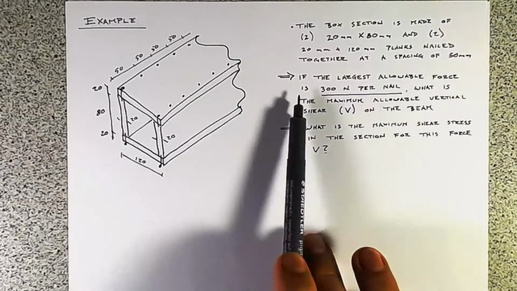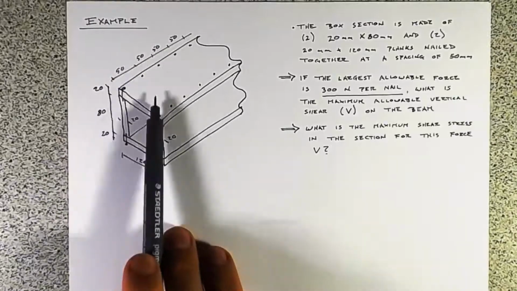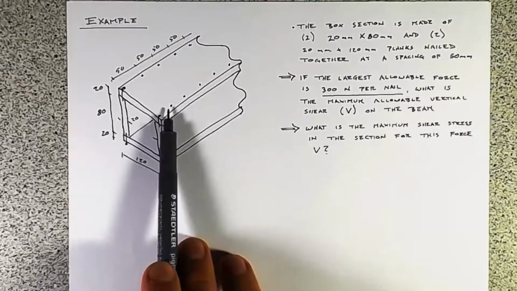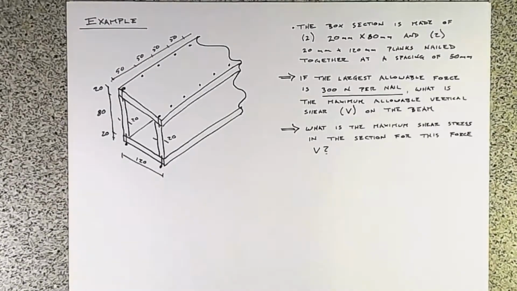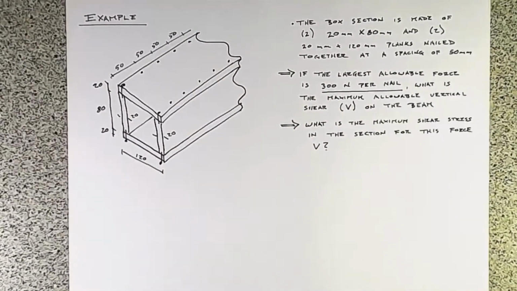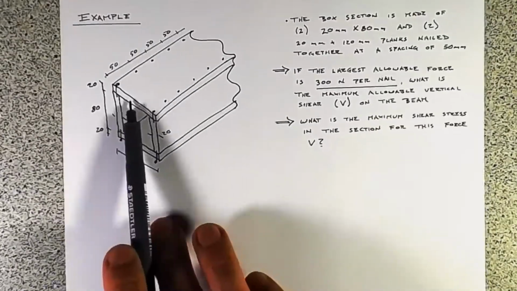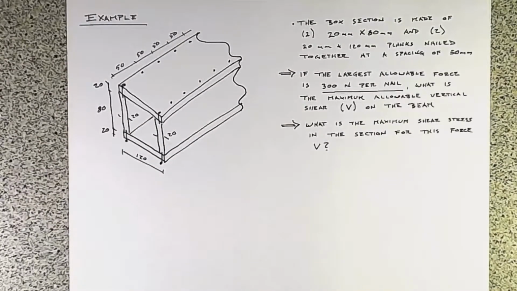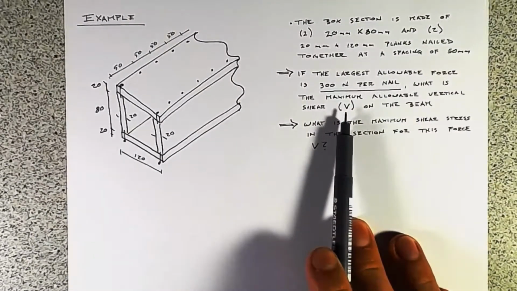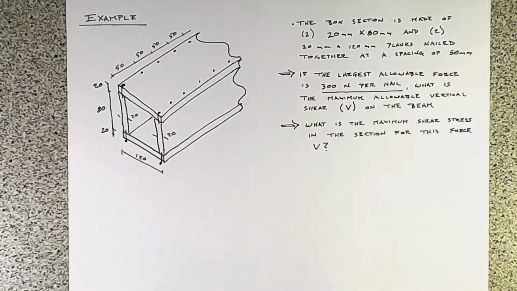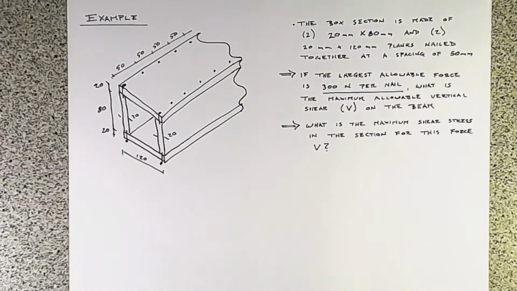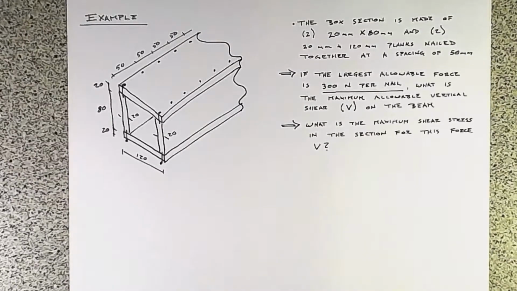The first thing we need to find is, if each of these individual nails can take 300 newtons, what can this whole beam take based upon that, assuming that the other members are all right. And once we find that total shear, what is the maximum shear stress in this box section?